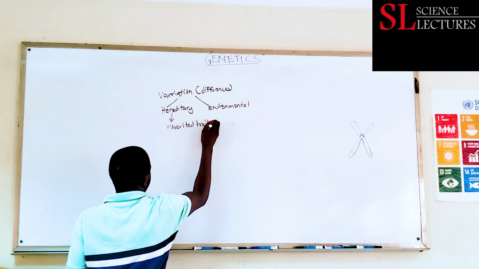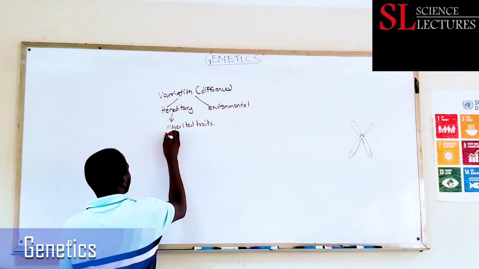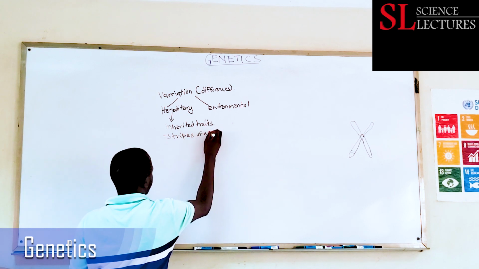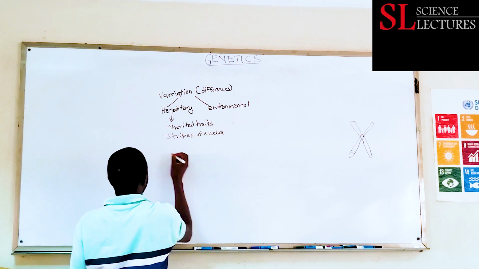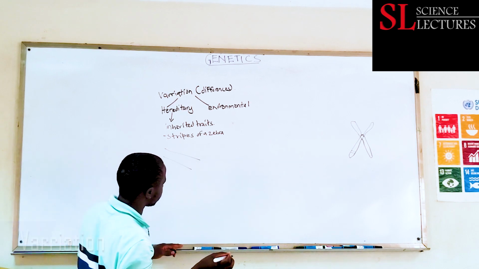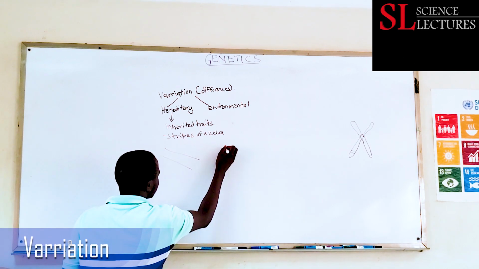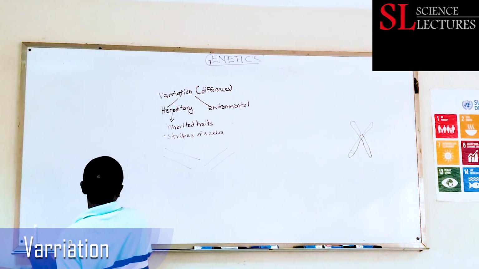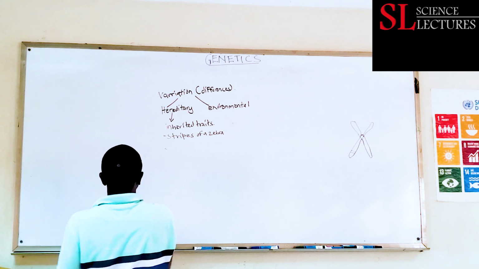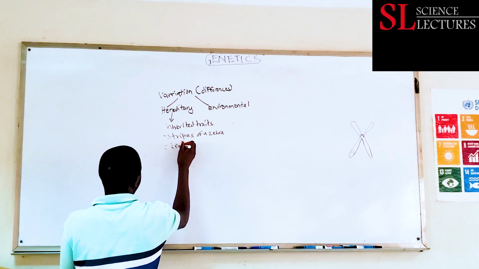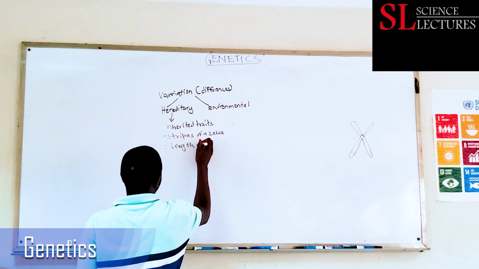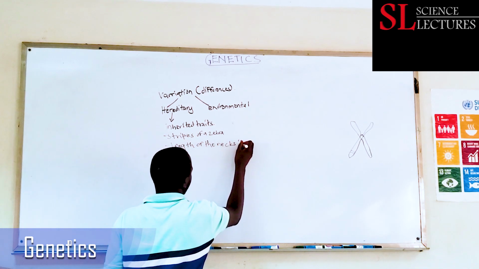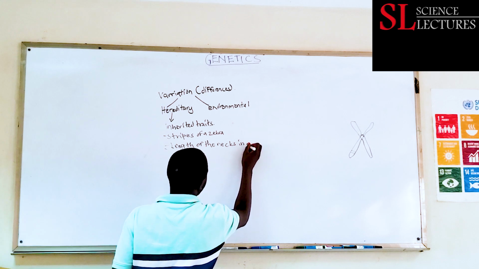For example, the stripes of a zebra: sometimes you can find some zebras having stripes that take this direction, others can have them taking this direction. That can be a form of hereditary variation. The length of the neck in giraffes, also that is a hereditary variation.